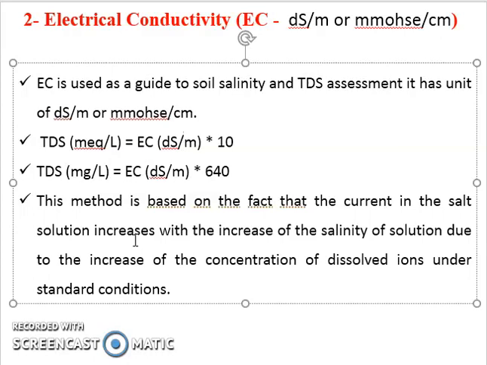This method is based on the fact that the current in a salt solution increases with the increase of salinity, due to the increase in the concentration of dissolved ions under standard conditions.